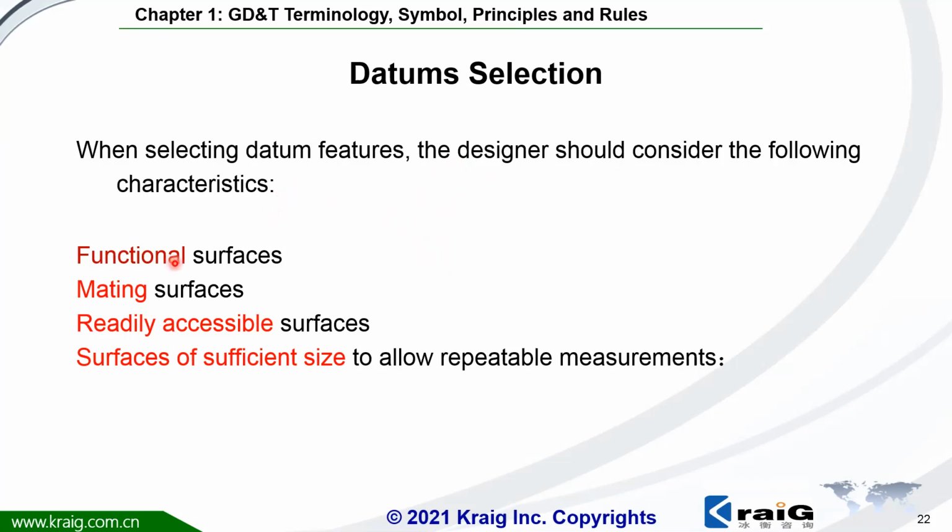First, we should consider the function surface as a datum. Next one, the mating surface. The other one is that the surface is supposed to be readily accessible. If the surface cannot be accessed by the inspector, then it's going to be very difficult for them to measure the datum. The datum surface is supposed to have sufficient size to allow repeatable measurements.